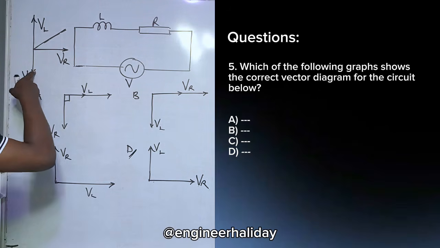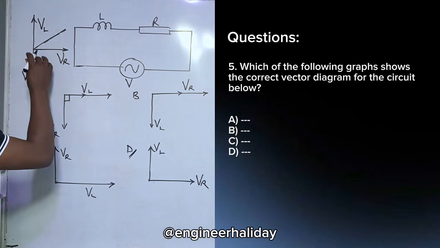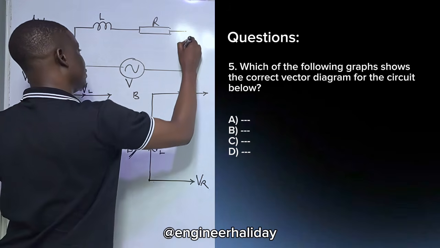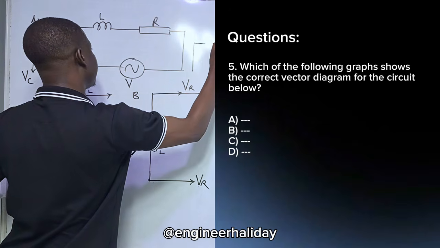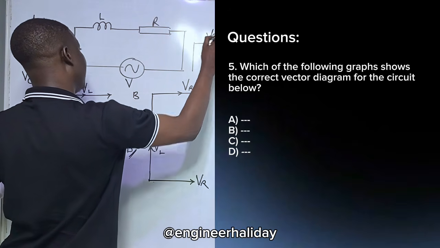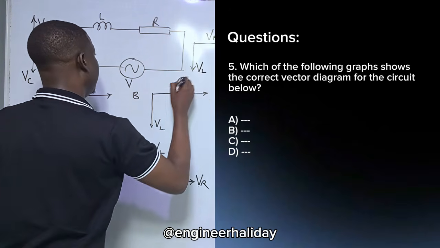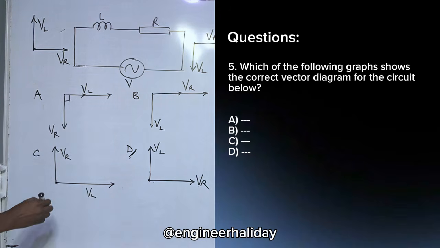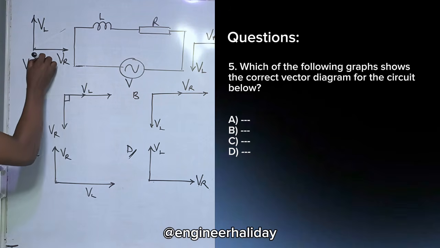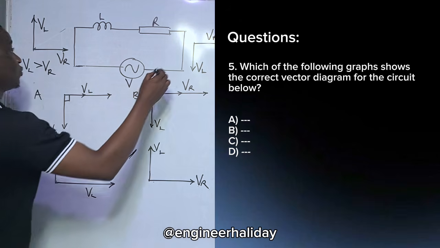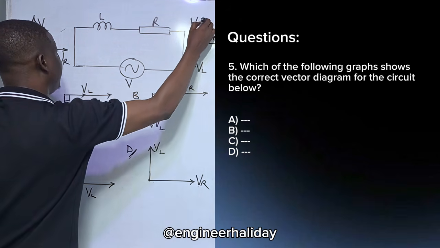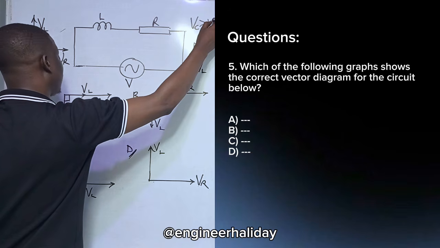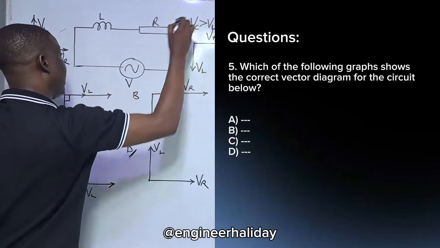Then if it's a case of VC being greater than VL, then it will be like this. Look at the board. Let me reduce the diagram. It will now be like this. This is the vector diagram when VC is greater than VL.